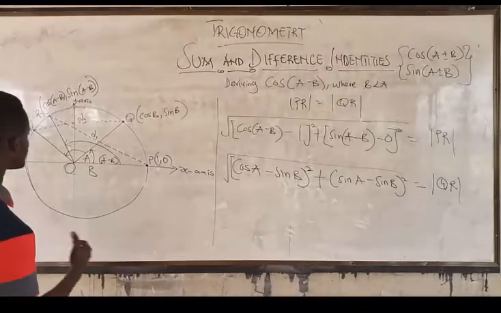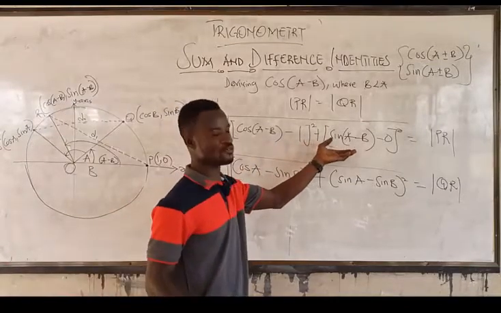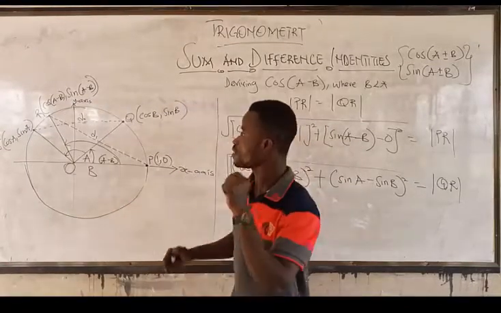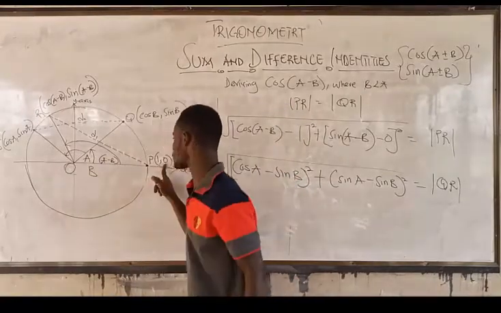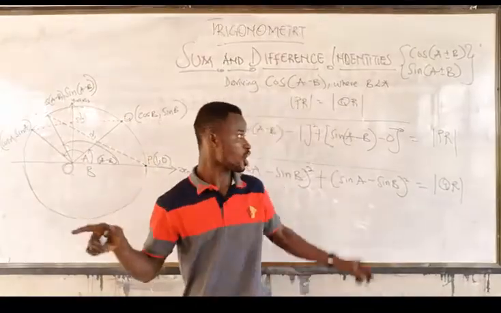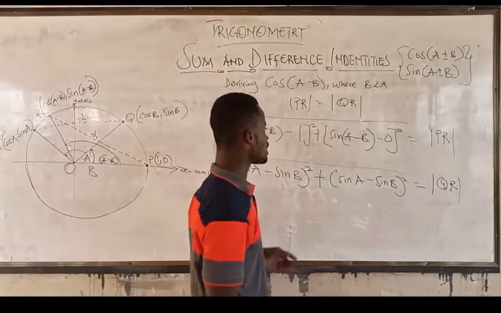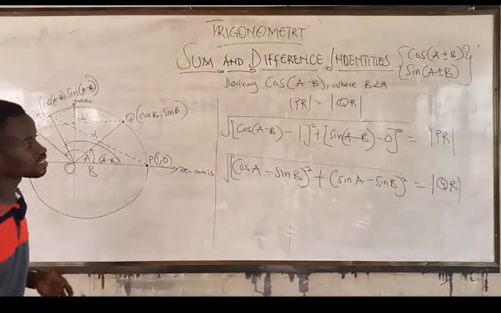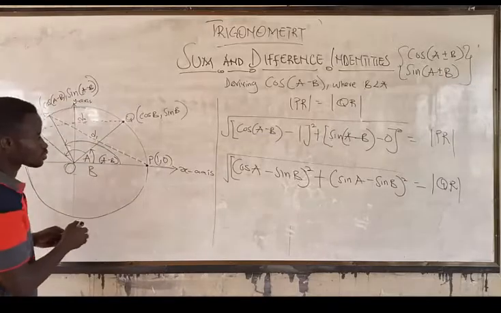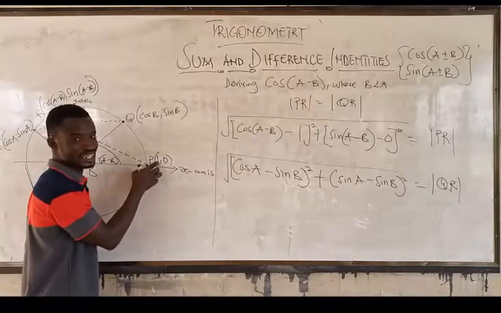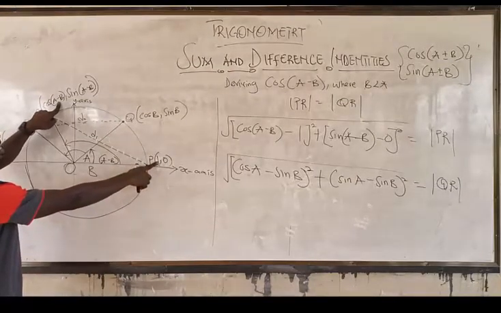Alright, so let me clean the board for us to go for that. Bear in mind that this is representing the length of PR, and we are using the point P, which is (1, 0), and the point R, which is that. Very good. So the change in X plus the change in Y. The X1 is 1, and the X2 here is cos(A minus B).